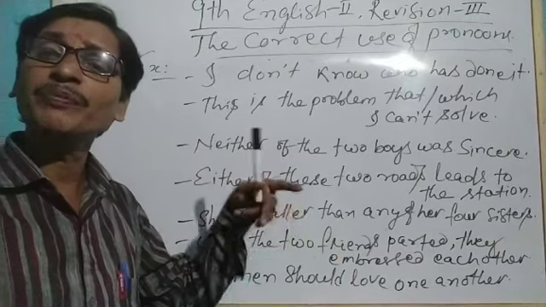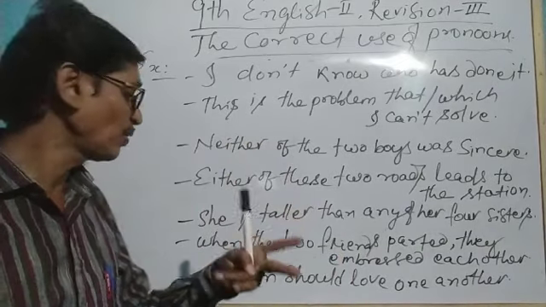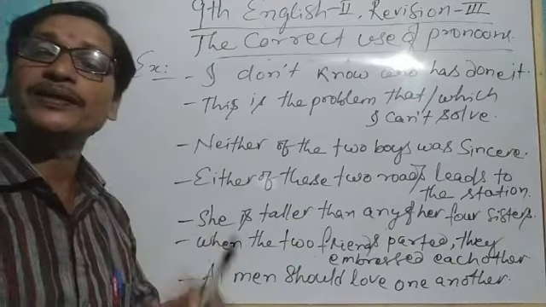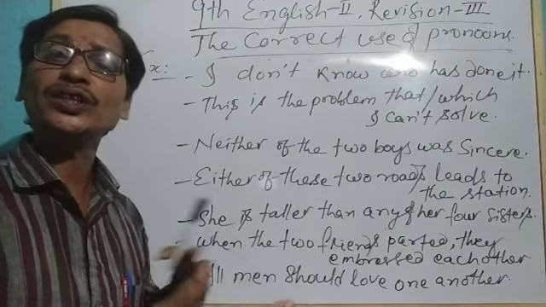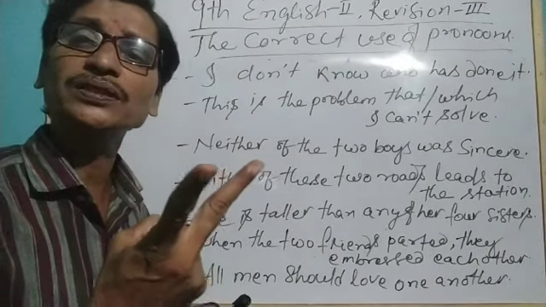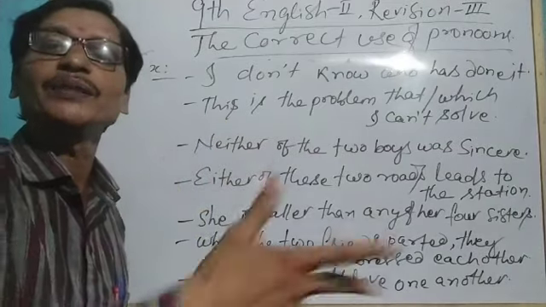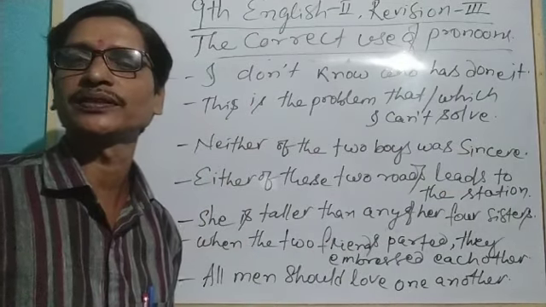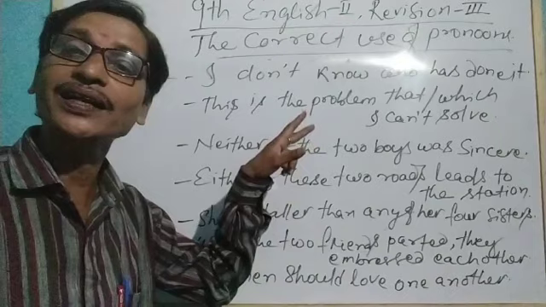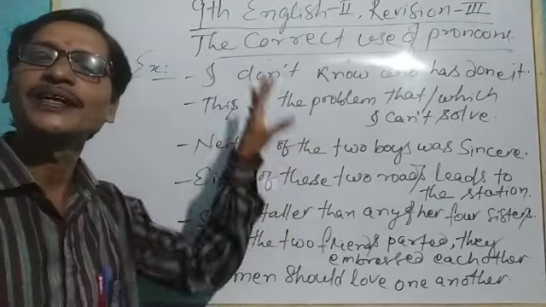Either and neither refer to two persons, any refers to more than two persons, each other refers to two persons, and one another refers to more than two persons. In accordance with their use, we have written some examples over here.